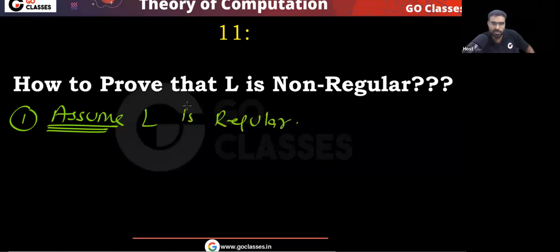If L is regular, then by the pumping lemma, what should happen? Remember, I am assuming L is regular. Then there must be a magical number.